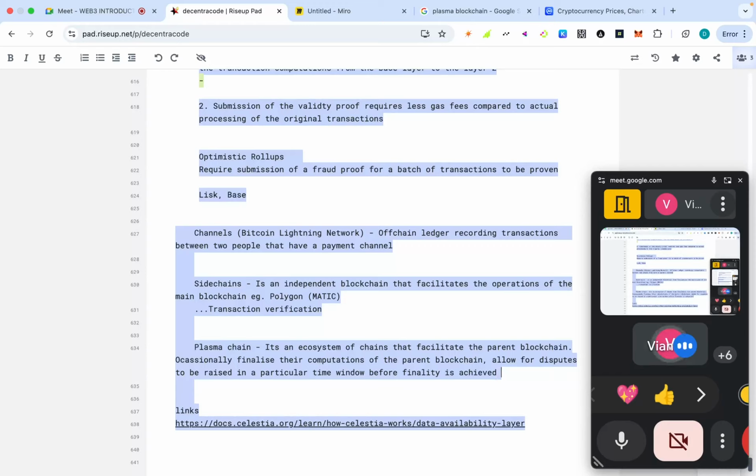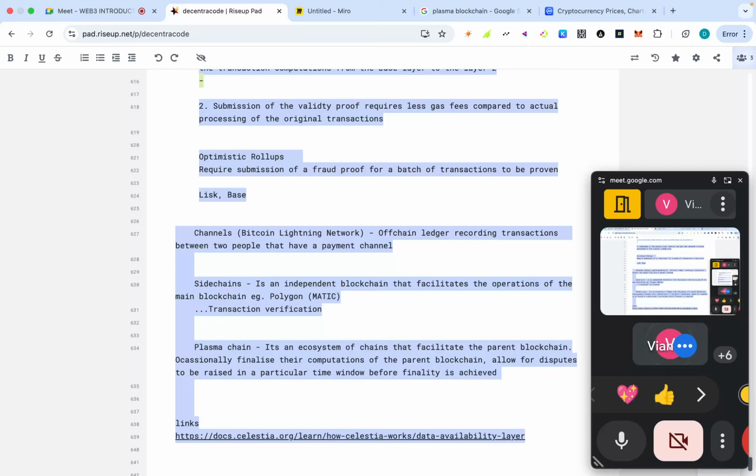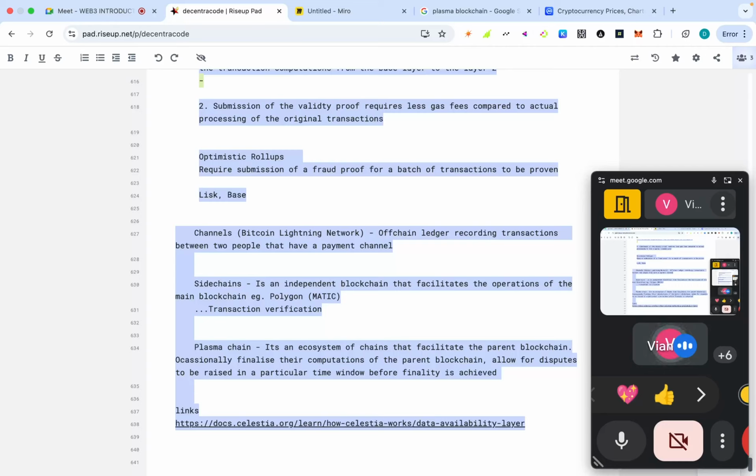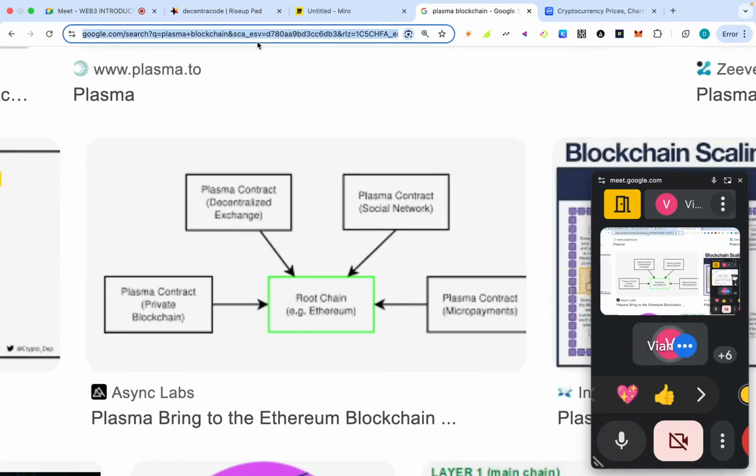Maybe an example here would be, I think it's called OG. It's a blockchain, but there are not so many of them with this kind of architecture. Let me take a look at it here.